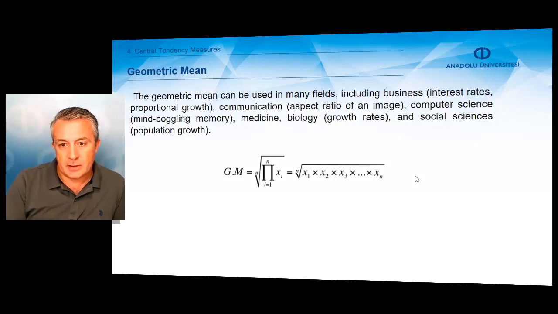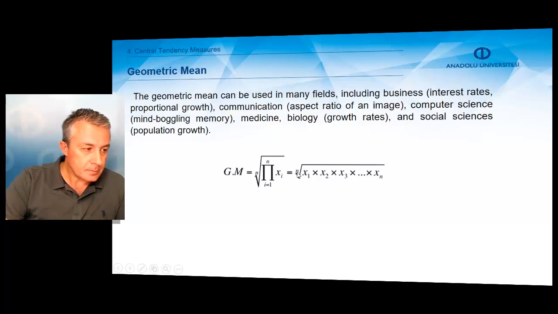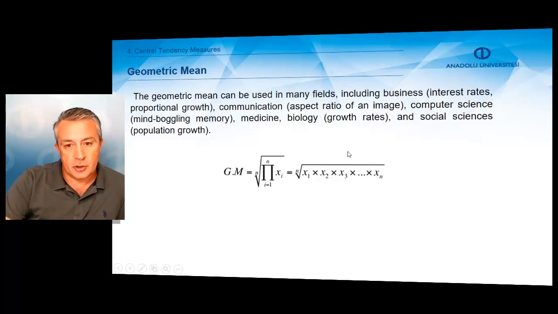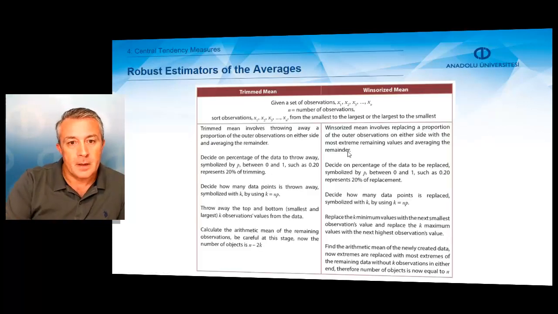In order to calculate the geometric mean, we have to multiply the observations. So if there are 4 observations, each observation value will be multiplied with each other, and we will take the root, with the power being the number of objects. So if there are 5 observations, we will take the fifth root. And then we will find the geometric mean.